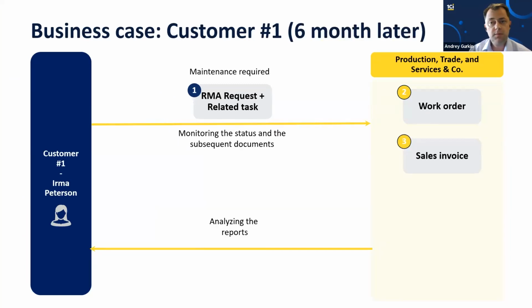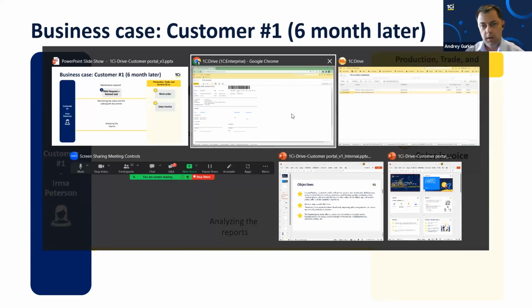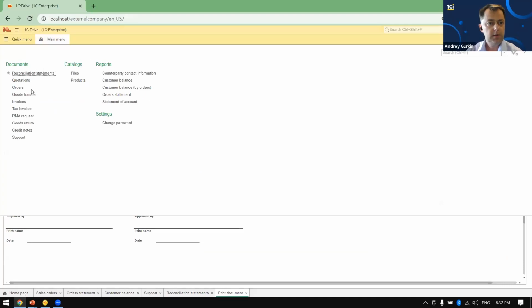Let's imagine that 6 months later, Irma decided to create an RMA request, but not for returning, but for some additional services. So how can we do it? We can not only see some documents, but we can create some of them.